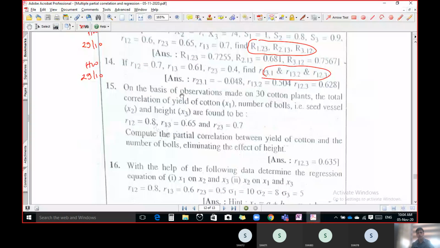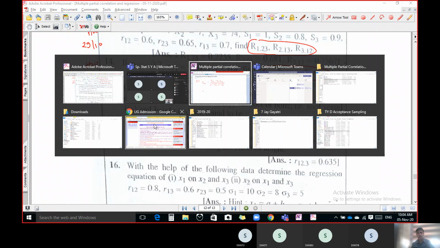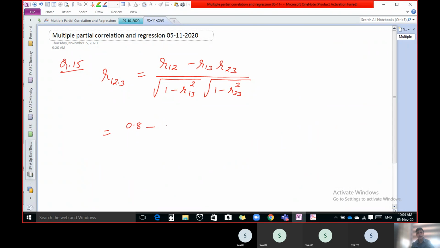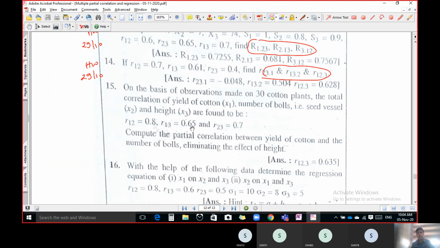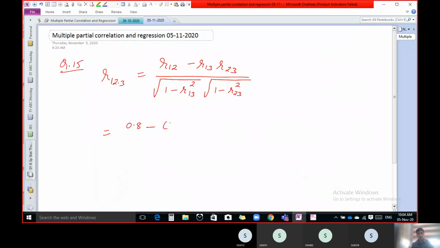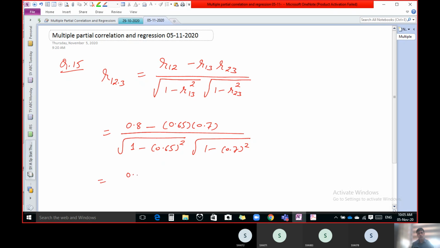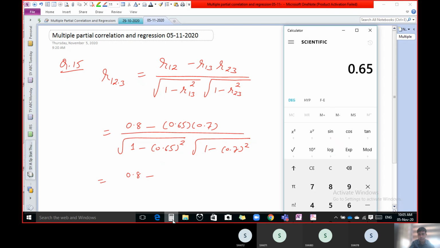R12, the value of that is given, 0.8. So this is 0.8 minus R13, 0.65, into 0.7, divided by root 1 minus 0.65 square, second root 1 minus 0.7 square. Now let us do this simple calculation. 0.65 into 0.7 is 0.455.